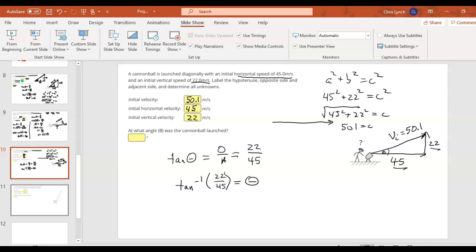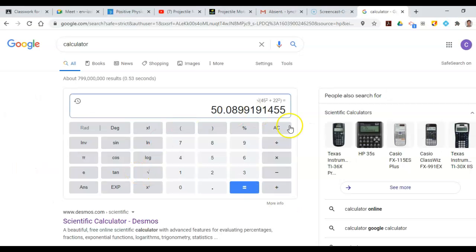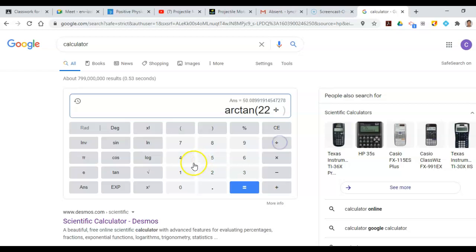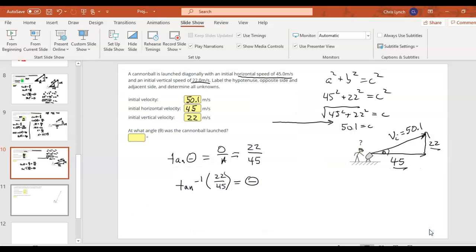So inverse tan of 22 over 45, enter, is 26.05 degrees. So we come back to over here, 26.05 degrees, which probably could be rounded to just plain old 26 degrees. And we're done.